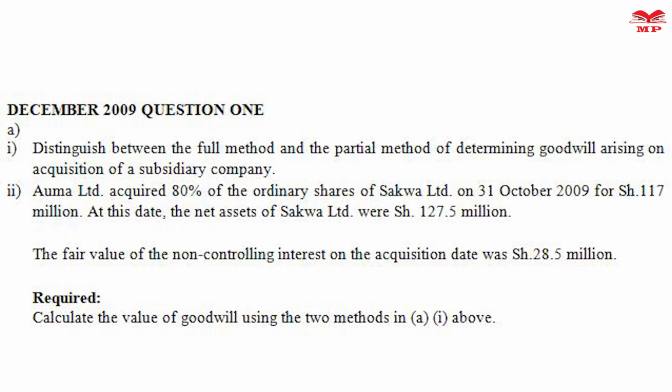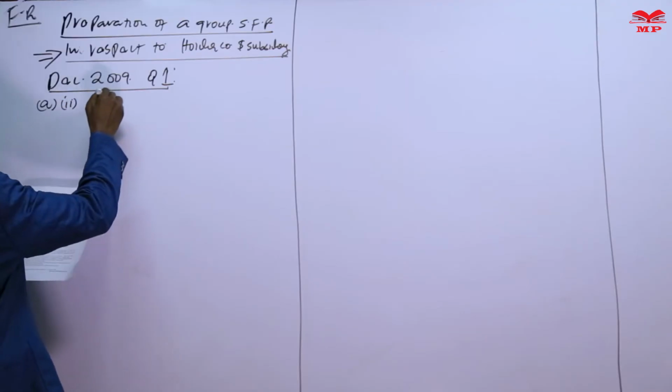At this date, the net assets of Sakwa Limited were 127.5 million at the date of acquisition. We have also been told the fair value of the NCI at the date of acquisition is 28.5 million. So we are required to determine goodwill.